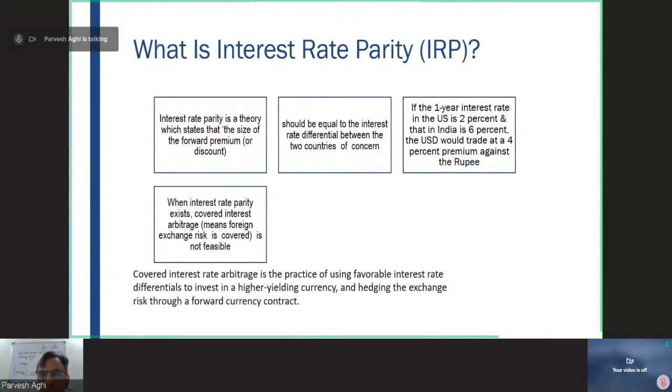Okay, they will come into the market, and then we'll find very soon, after a couple of days or a couple of seconds or a couple of minutes, the interest parity theory will play out in reality. Now, when the interest rate parity theory exists, covered interest arbitrage is not feasible. So that means nobody can do arbitrage, if it is fully playing out.